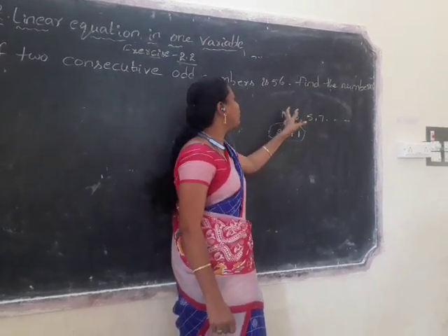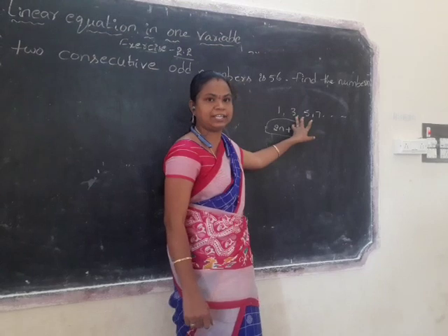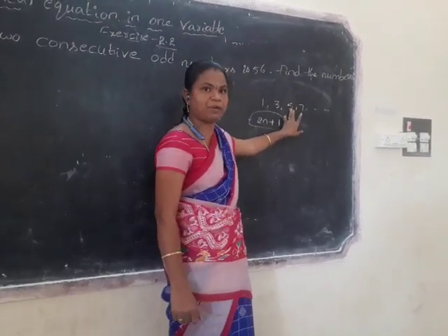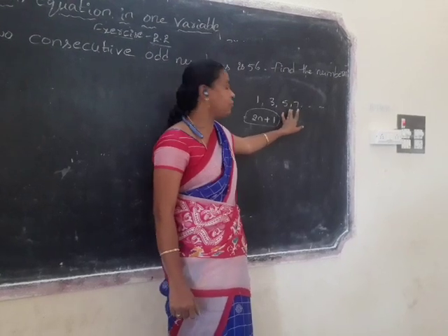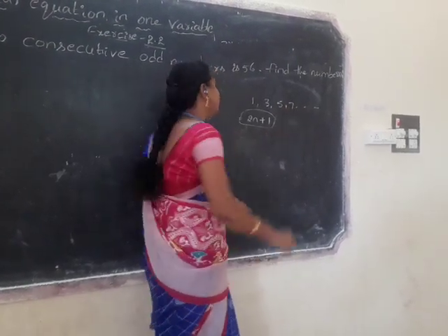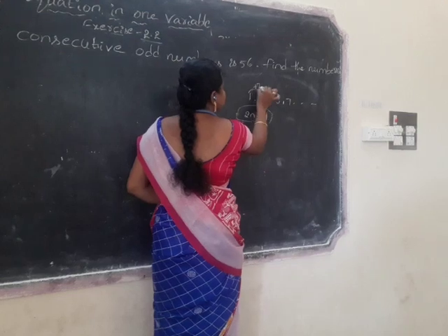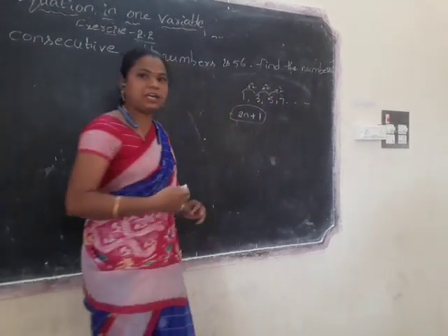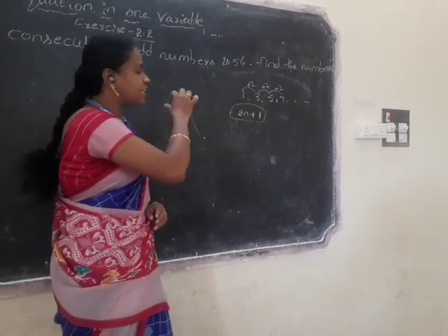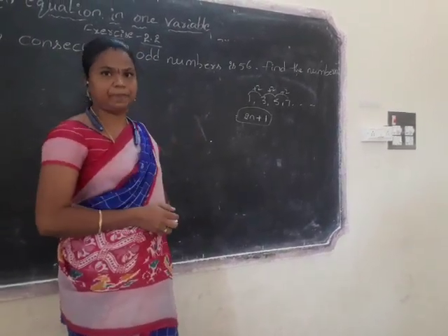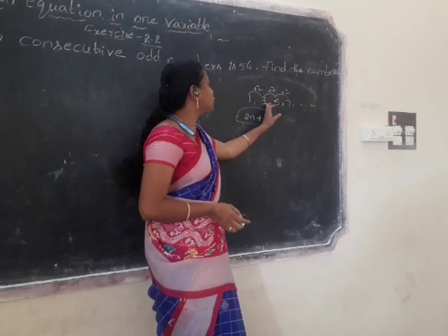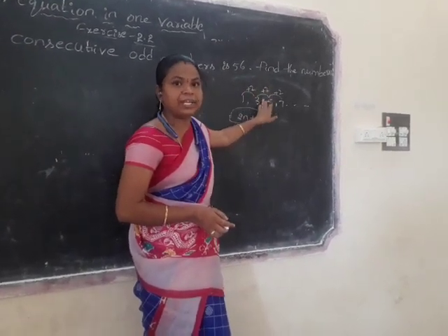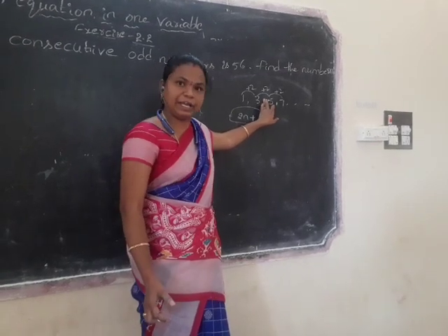To 1 we add 2 to get another odd number, to 3 we add 2, to 5 we add 2. So for all odd numbers, we add 2 to get the next odd number. The sequence is continuous.